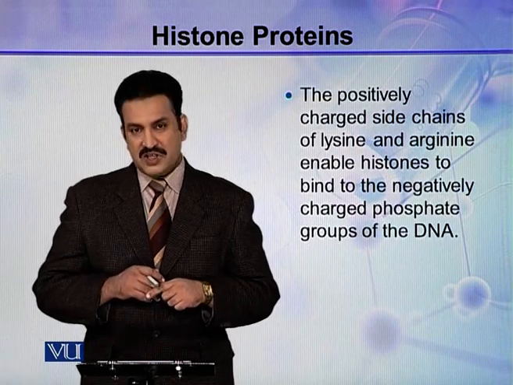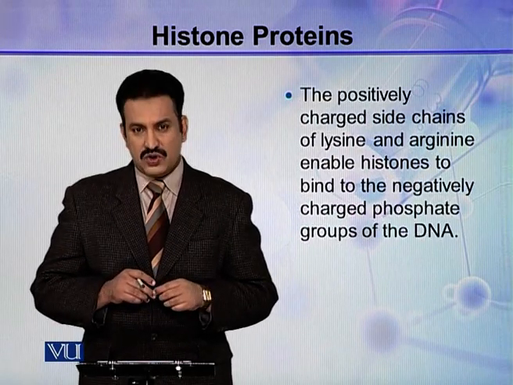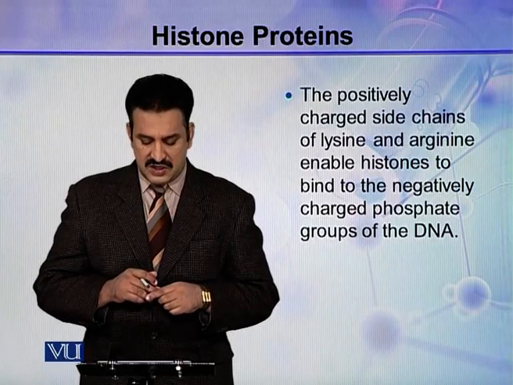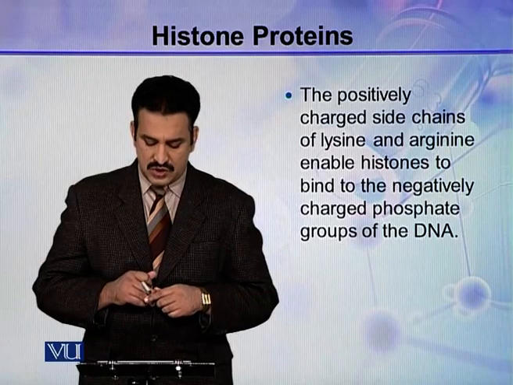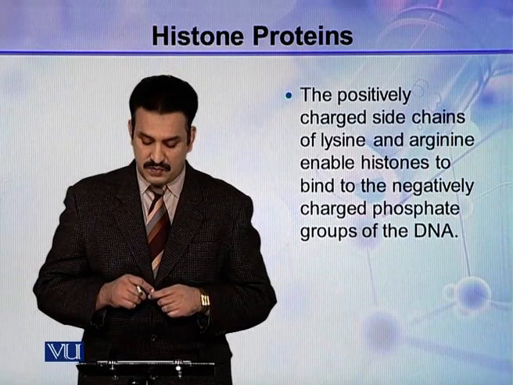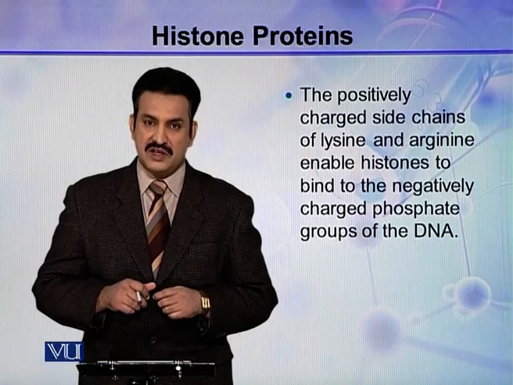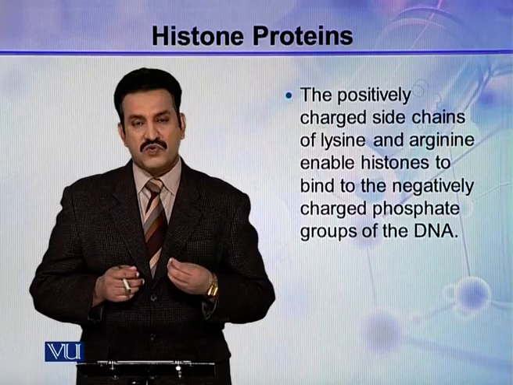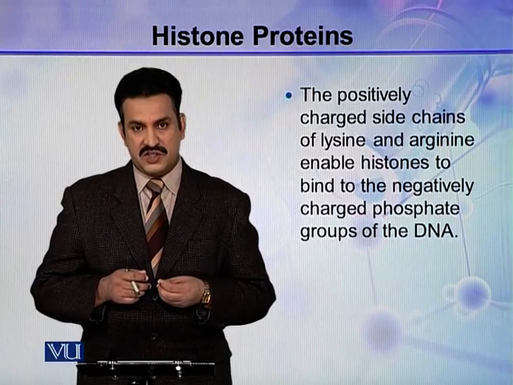The positively charged side chains of these amino acids, that is lysine and arginine, enable the histones to bind to the negatively charged phosphate groups of the DNA. You know, in the DNA molecule, only the phosphate groups are negatively charged.